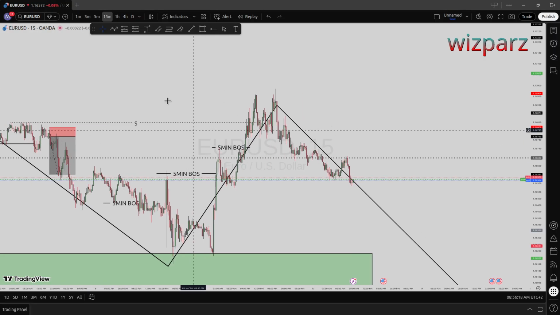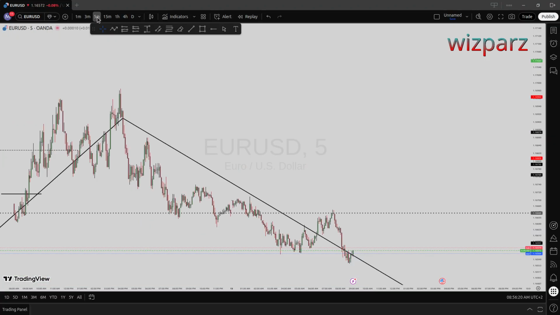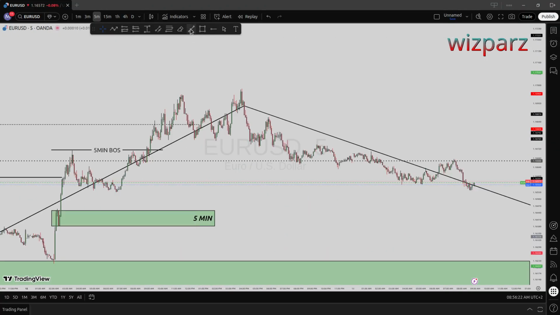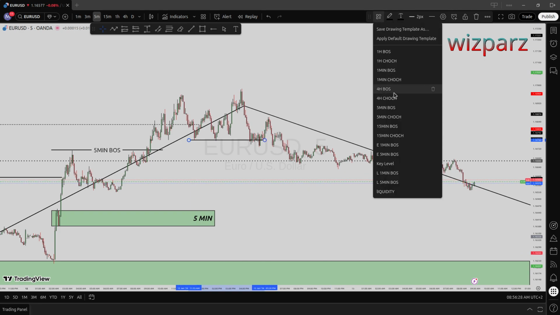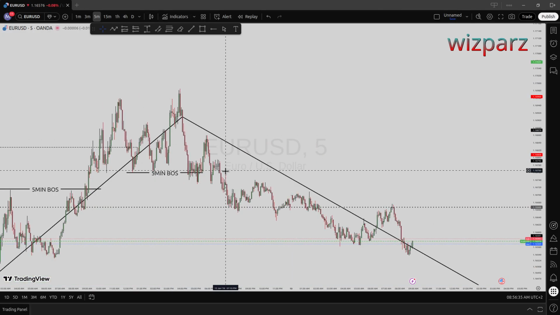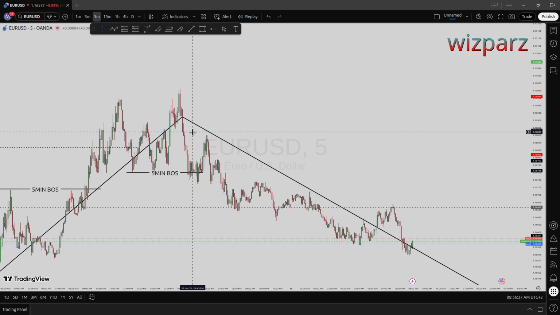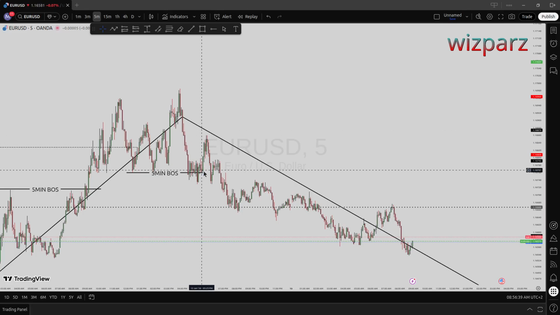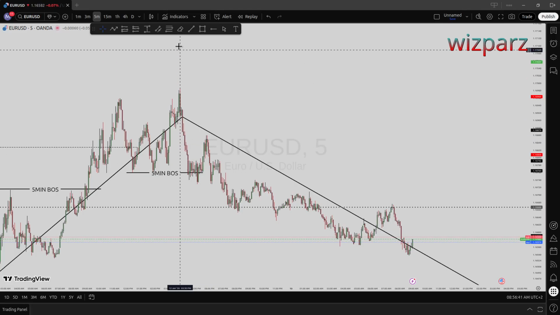After liquidating the higher high, you have seen a change of character to the downside from 5 minutes, and from here we should have taken this short.